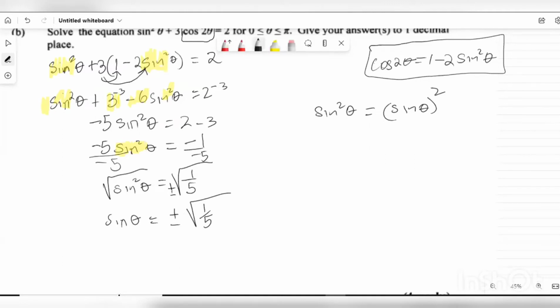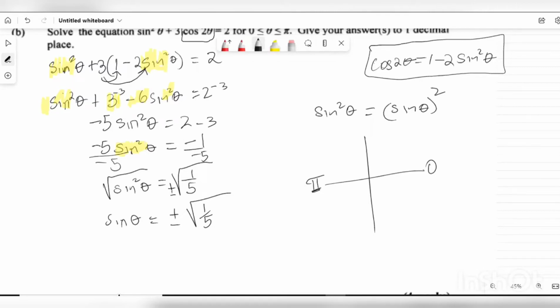Now let's talk about this. If you're moving from 0 to pi, we will be basically in the second quadrant.